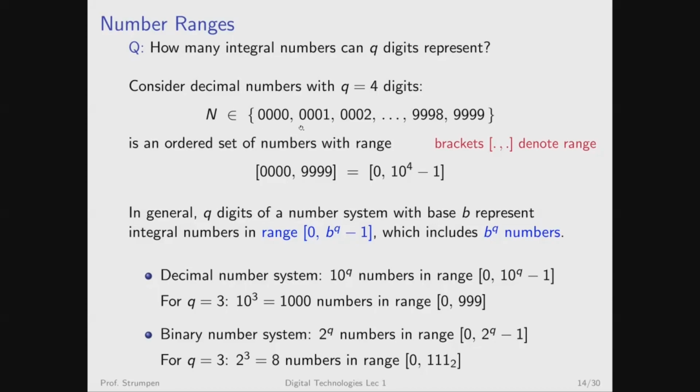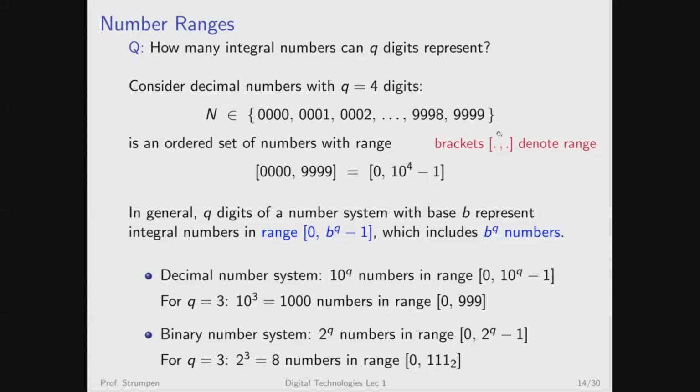The next one is 0 plus 1 is 1. When written as a 4-digit number is 0001, plus 1 is 2, and so on, all the way up to 9,999.